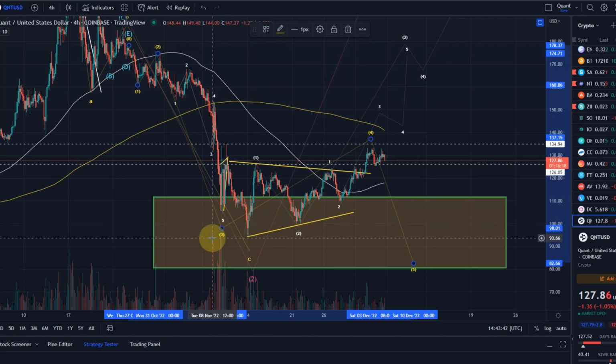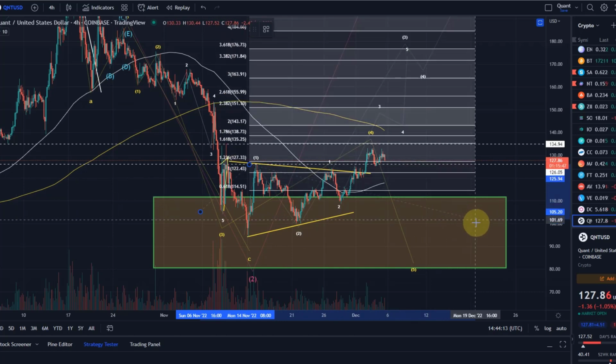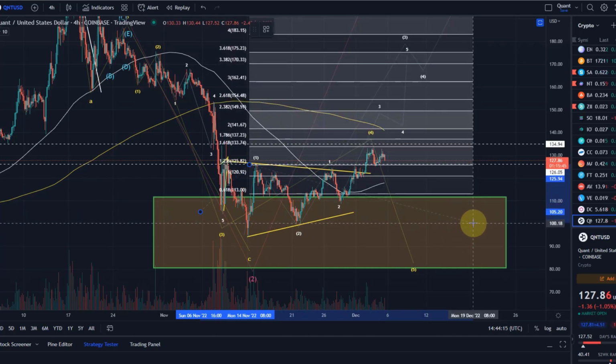We would basically say that we had here a WXY pattern, WXY in 3 waves, and we would break down now. That could happen fairly quickly. If we look at a target, for example, we take the length of the wave W and we calculate it.